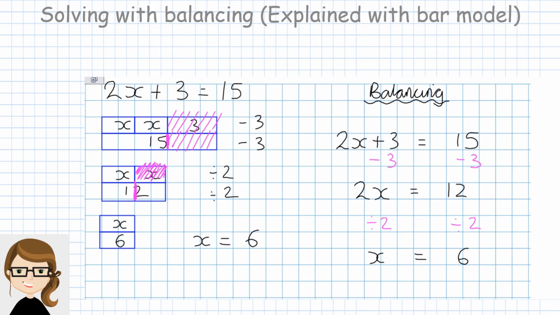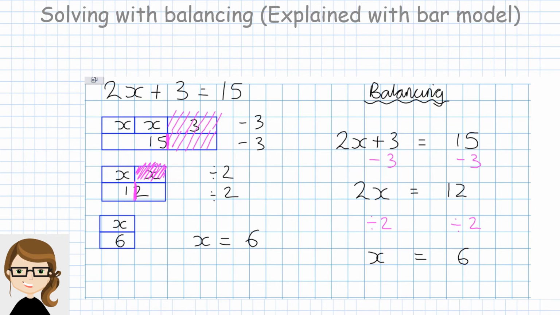So hopefully if you pause the video here and have a think about the way that the two methods are very, very similar, and how the bar model simply represents what we're doing with the balancing method. So instead of having the top and bottom bar and balancing those, we've actually got the left and the right.